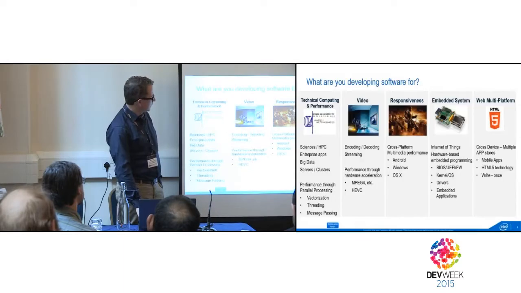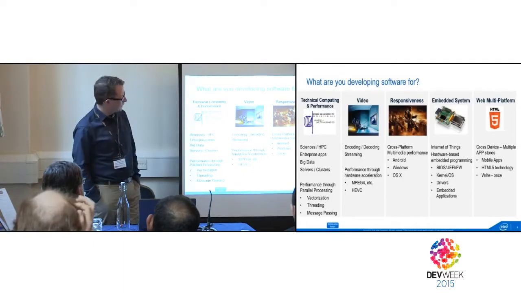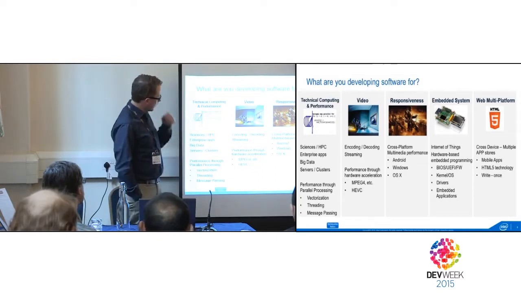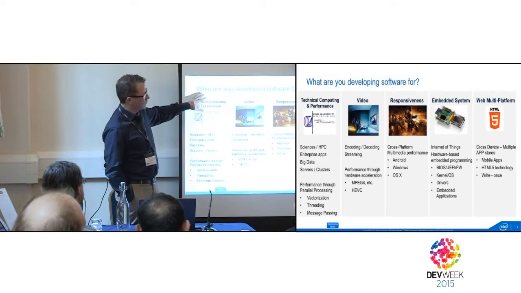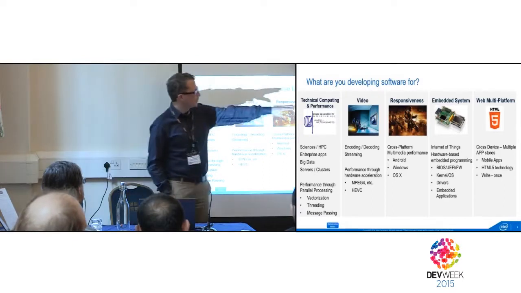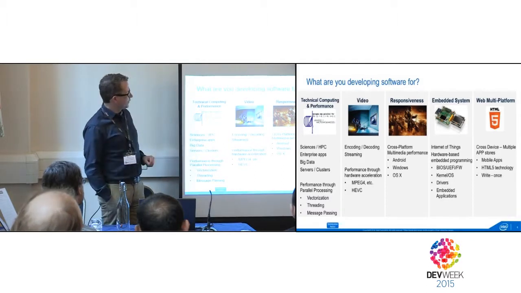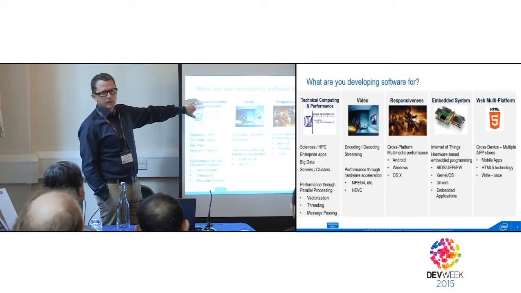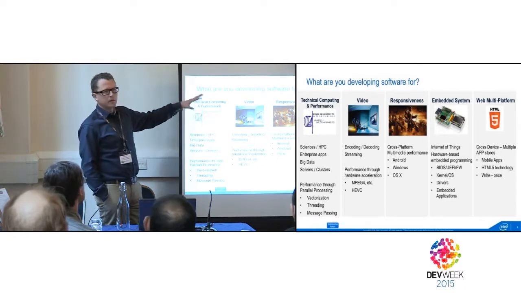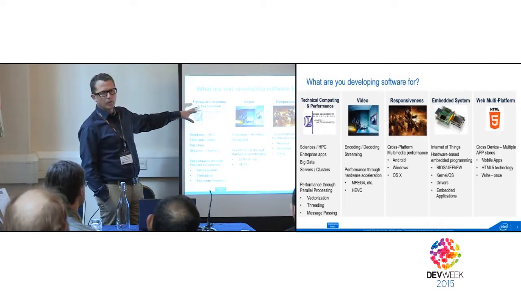So just a short overview about what Intel is caring about in C++. We have five areas we think people develop software for. The last one is not important today. It's HTML5. You don't care about that. But if you develop in C++, important are things like technical computing, right? High performance computing or technical computing in general, where you really care about performance.